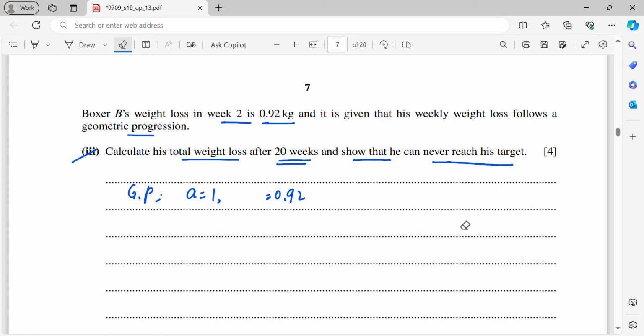That means now I need to get my common ratio. So the common ratio is R, which is T2 over the first term, T1. That is 0.92 divided by 1, which is 0.92. That is my R.